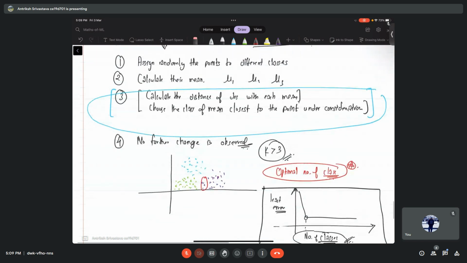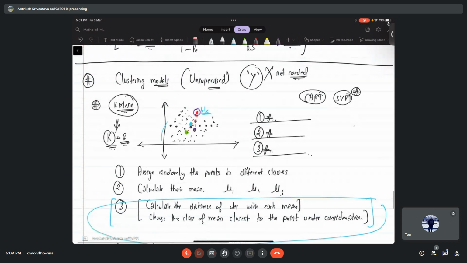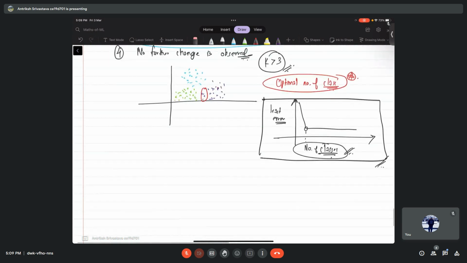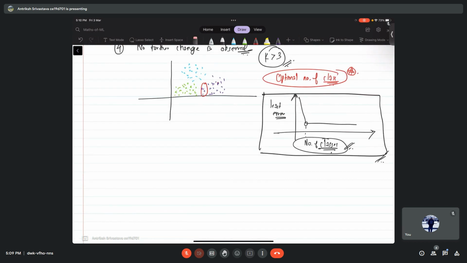So this is the k-means clustering algorithm. There are some disadvantages. I don't like stating all these advantages and disadvantages, but for this it is important to state that it depends on the initialization.